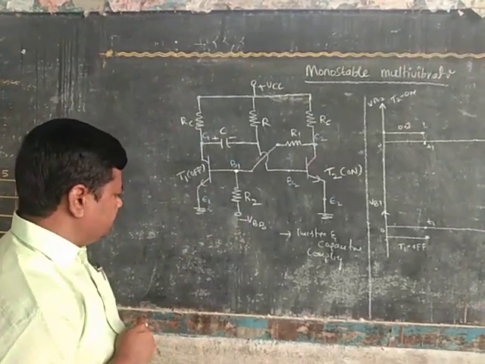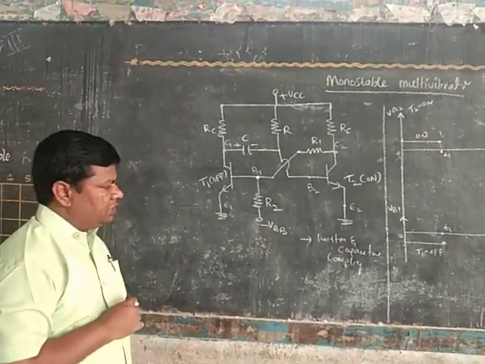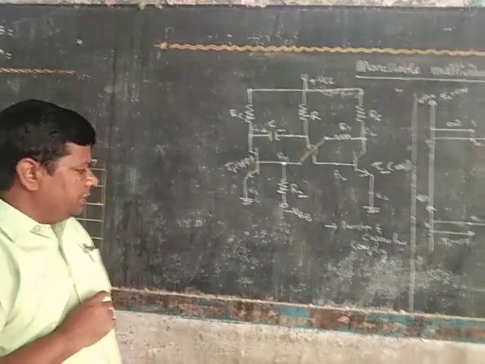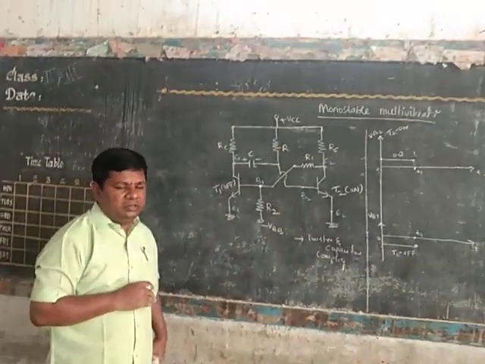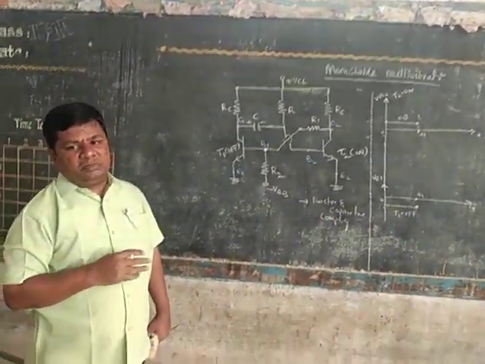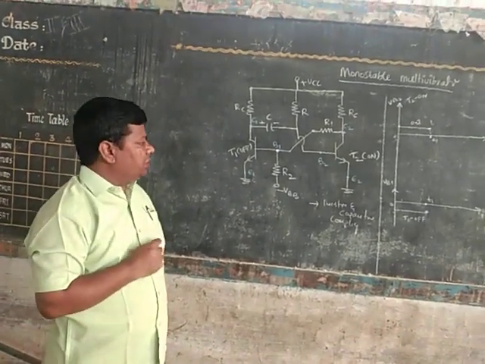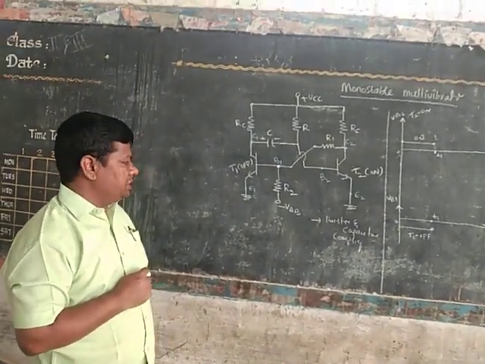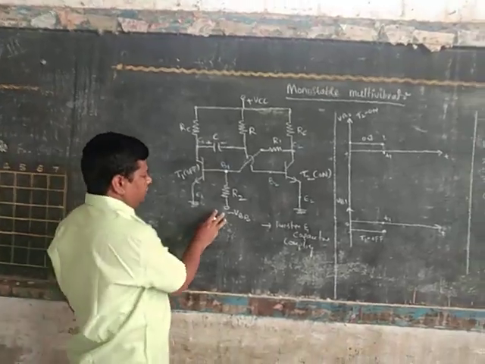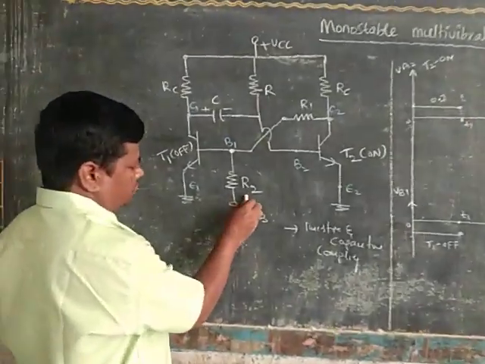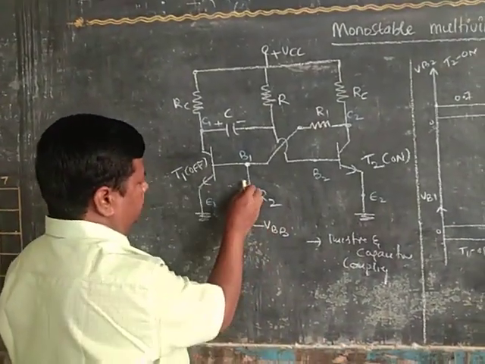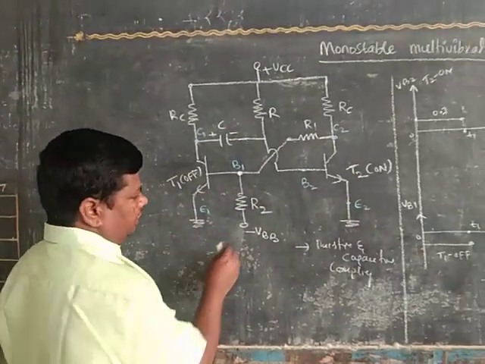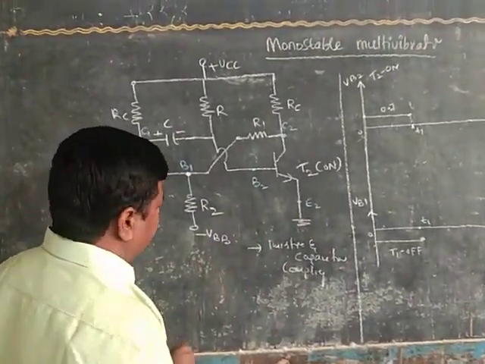Coming to the circuit operation, whenever we switch on the circuit, there is no confusion here, whereas in the bistable multivibrator it is very difficult to say which transistor enters into on. But coming to the monostable multivibrator circuit, observe the circuit architecture. R2 and minus VBB are connected to the base of T1 transistor only, not T2 transistor.